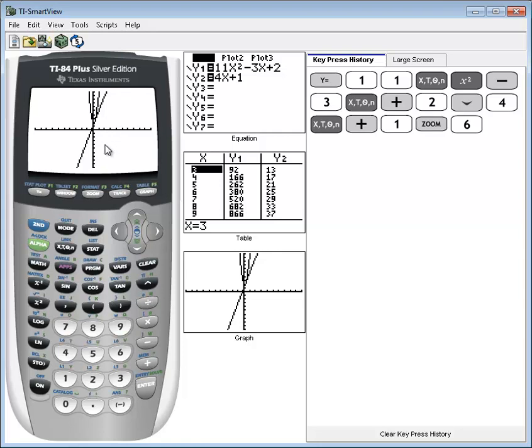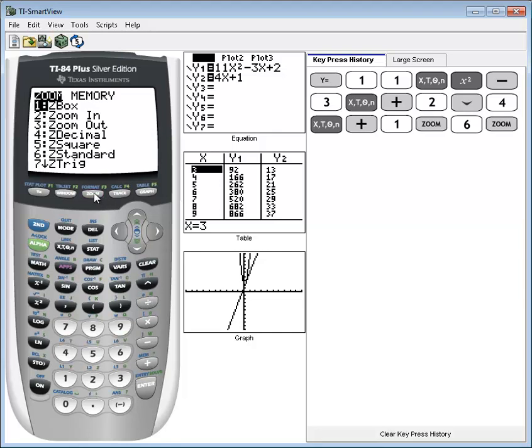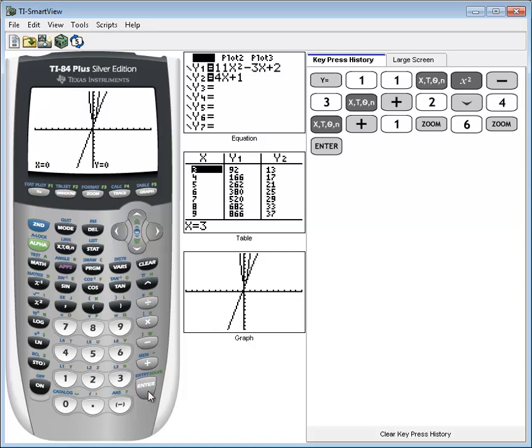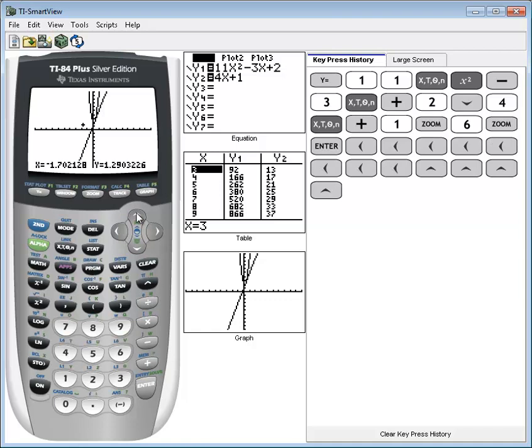Now this isn't a very good window, so let's change the window a bit. I'm going to use one of the zoom options here, and I'm going to use the first one, Z box. So I press enter, and for Z box what you do is we're going to draw a box around the area we want.